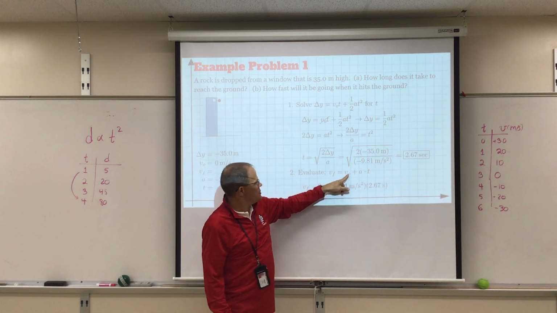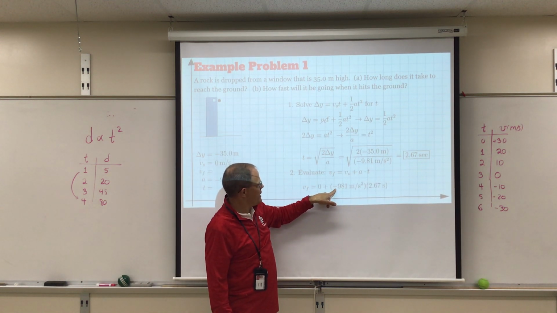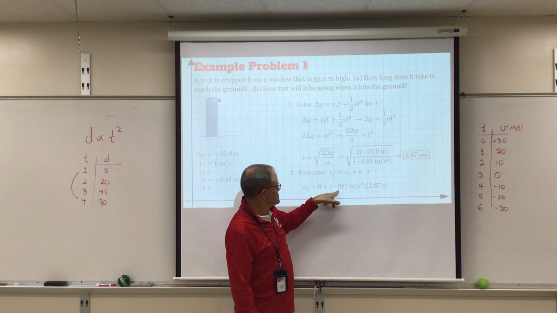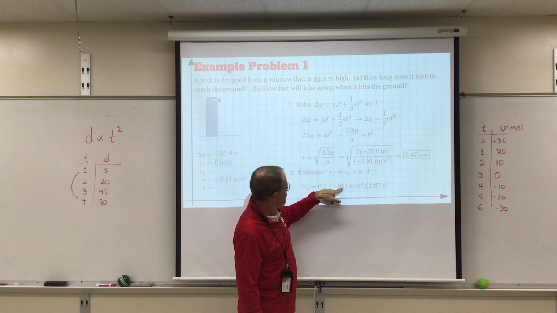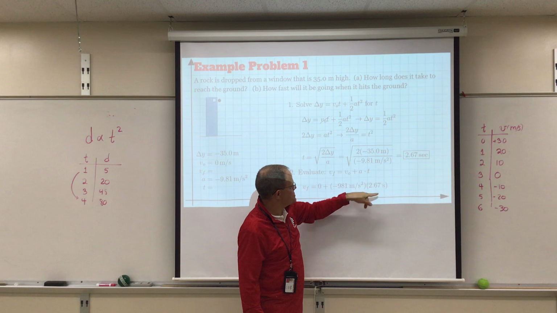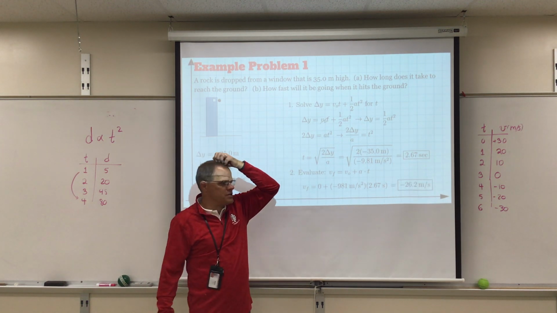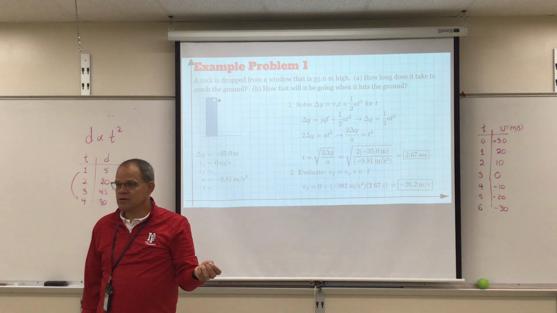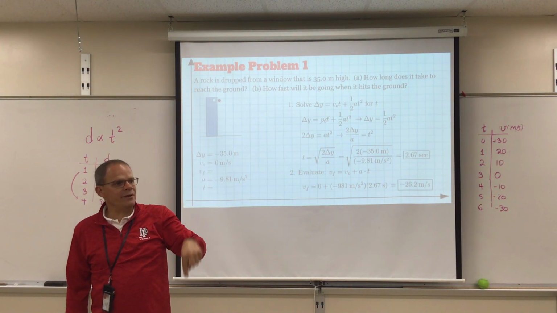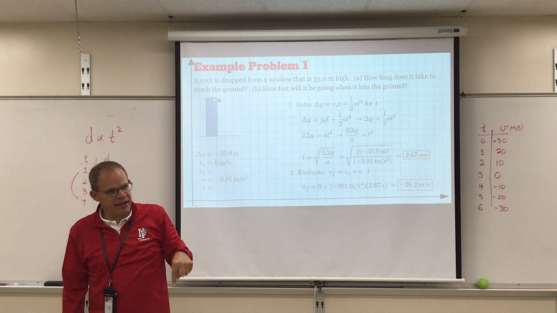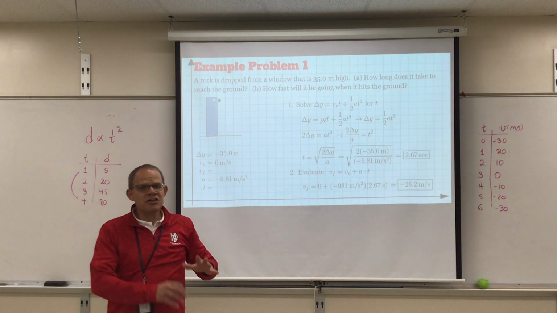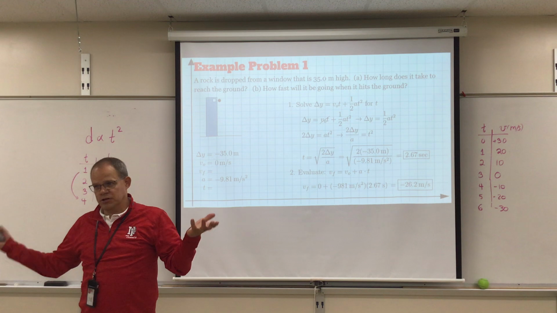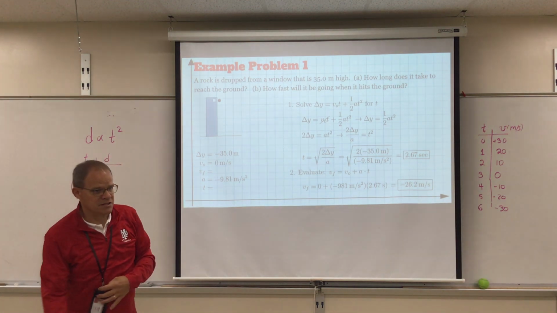The initial velocity is 0, so you have 0 plus negative 9.81 times 2.67, and you get about negative 26 meters per second, or about negative 60 miles an hour. Why is it negative? Because it's going downwards. Its velocity is heading down. So these are the exact same kinds of problems we've already solved. You just get a freebie. You know the acceleration, so that's one less thing you've got to do.